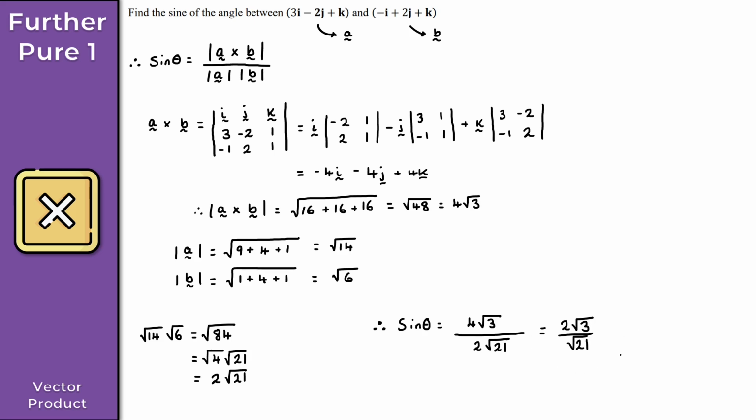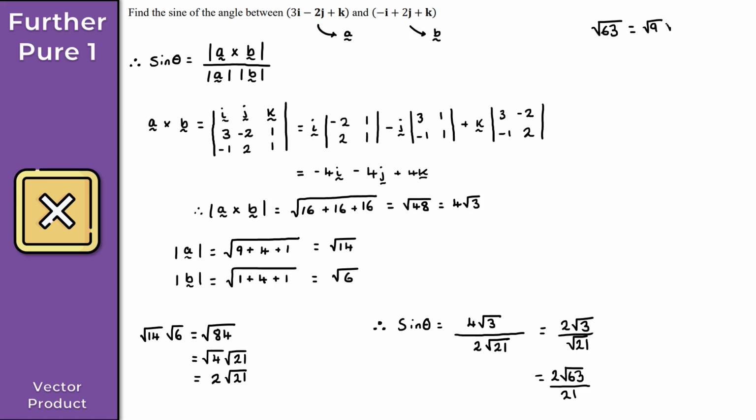But what I am going to do here is just quickly rationalize the denominator. So if we quickly rationalize, times both the top and bottom of this fraction by root 21. What I'd get then is 2 root 63 all over 21. So root 63, we can simplify that as well. Root 63 is root 9 root 7.